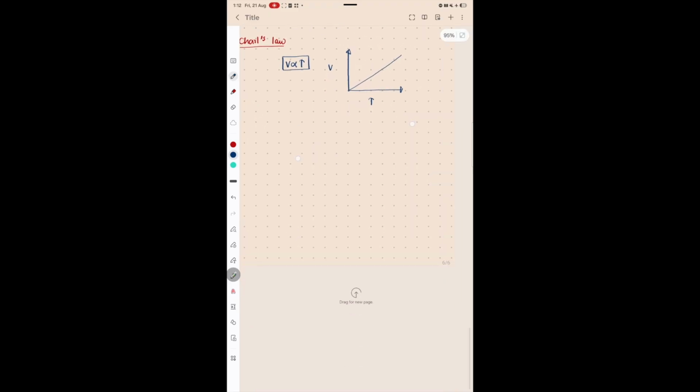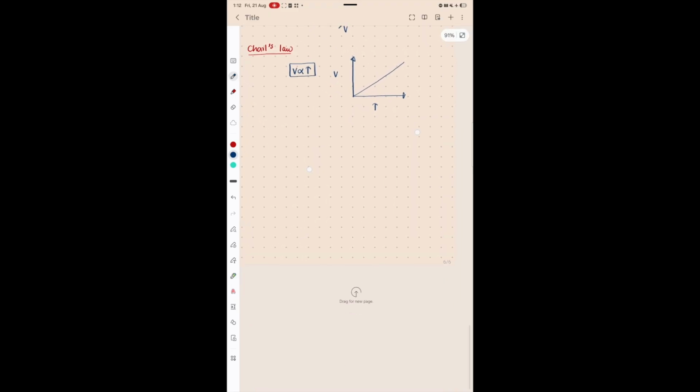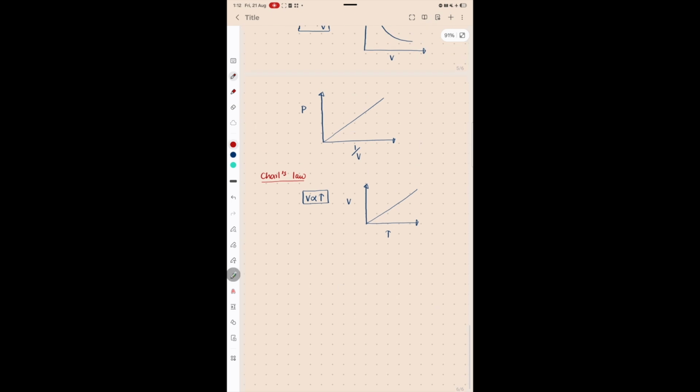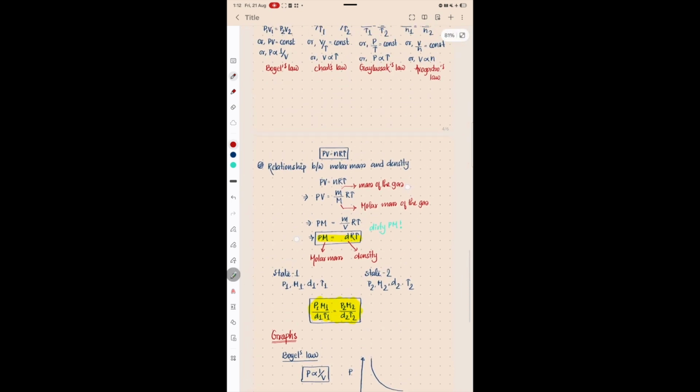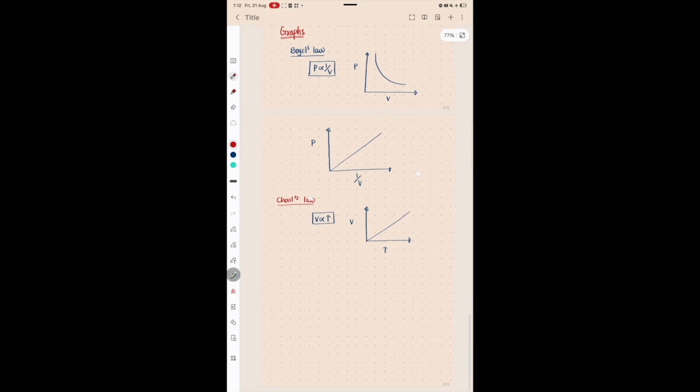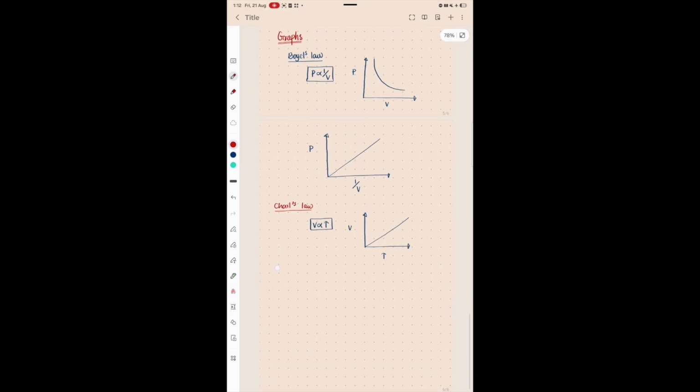And let's see the third thing. What law was that? Gay-Lussac's law, right?